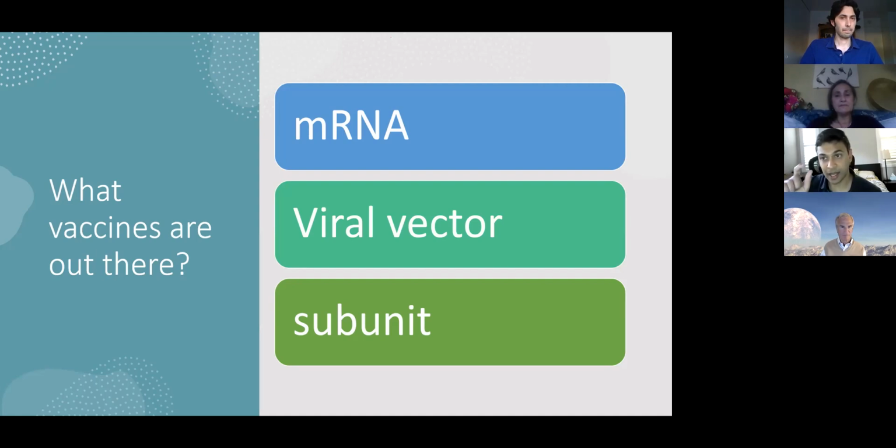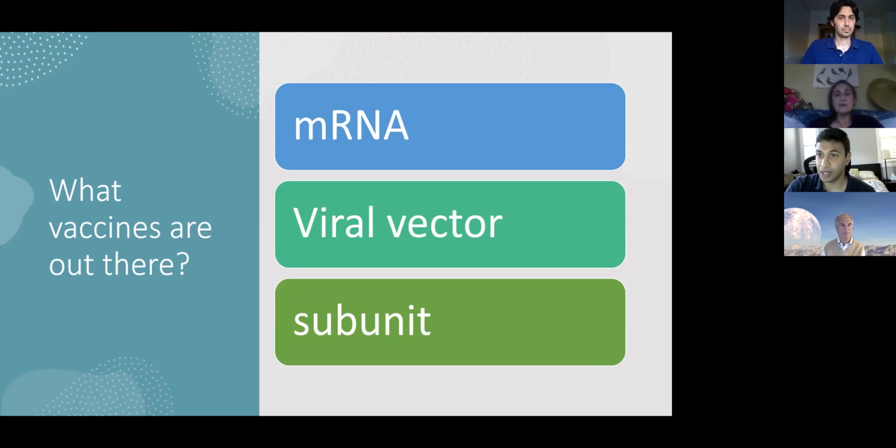So if you take an mRNA sequence that correlates with protein from coronavirus and give that to a human cell, the human cell will make those proteins and release them. Then the immune system sees those proteins and develops immunity.